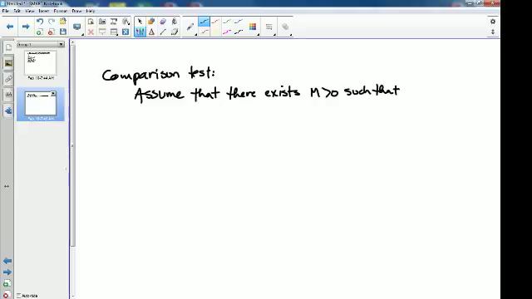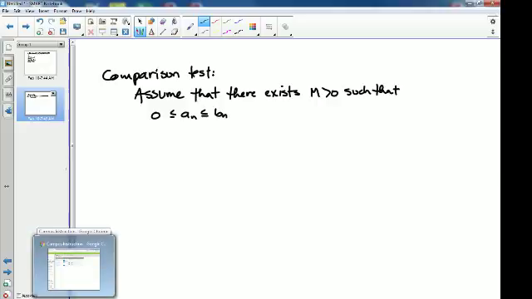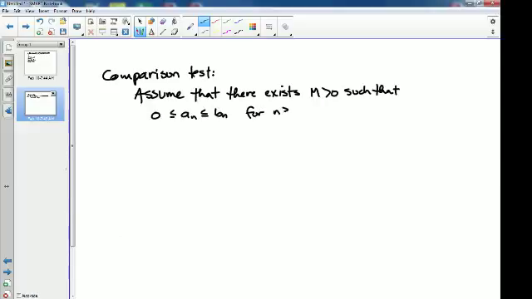Assume that there exists some letter m greater than 0 such that 0 is less than or equal to a sub n, which is less than or equal to b sub n. Those are sequences for n greater than or equal to m.